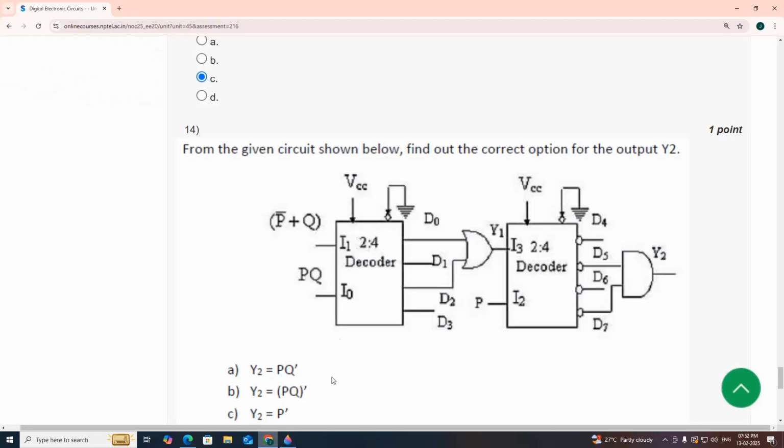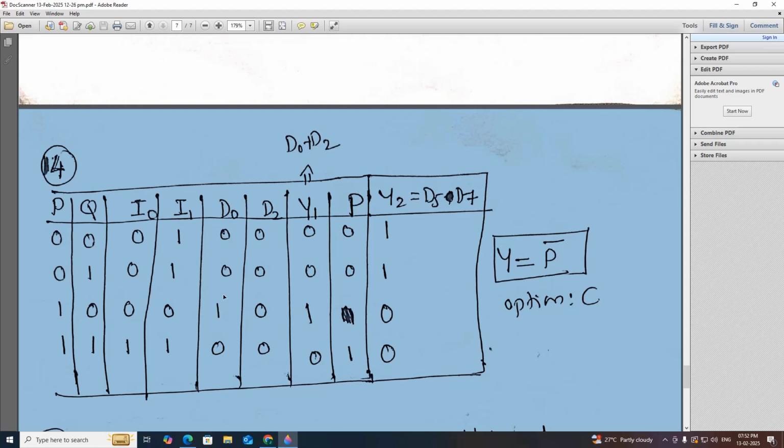Once again you see here. If this is 0, this is 0, D0 will be 1. For 0, 0, D0 will be 1. D1, D2, D3 are 0, 0, 0. So therefore we are considering only D0. For this combination, D0 is equal to 1 and D2 is equal to 0.